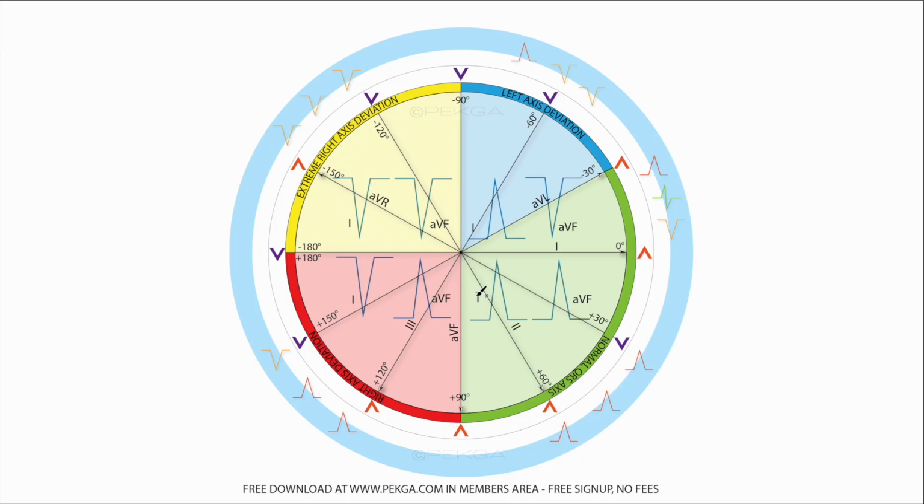So lead 1 is upright, lead AVF is upright, predominantly upright, right? So mainly positive. And this is a quick way of telling you that the signal is moving towards the bottom right or the apex of the heart. So you're in the normal quadrant, so that's good.